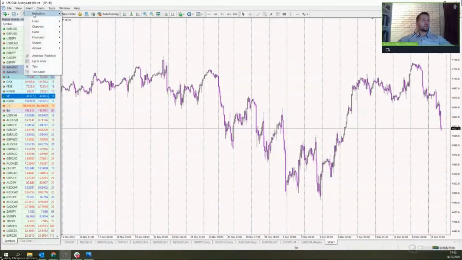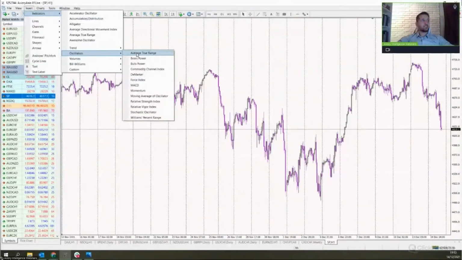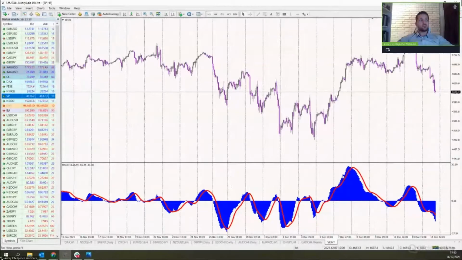So again, indicators. The most popular indicators for divergences are MACD and RSI. First, MACD. MACD stands for moving average convergence divergence. How do you trade them?